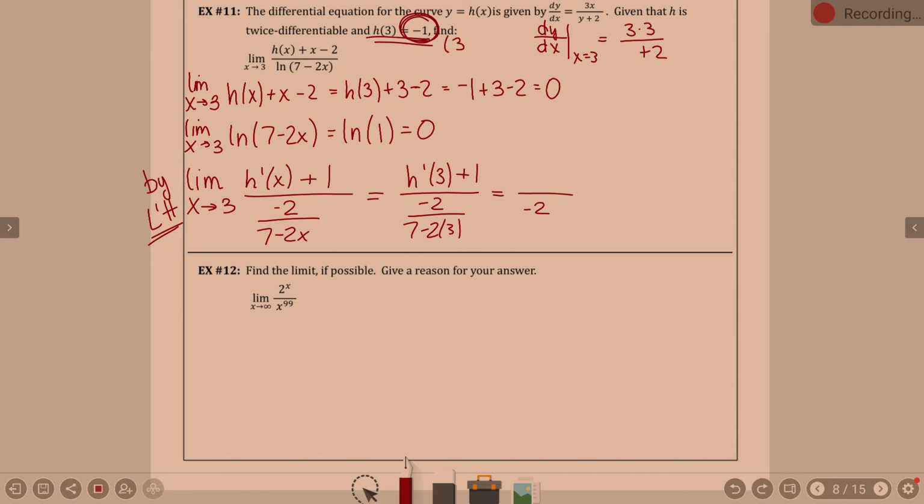So when x equals 3, y is negative 1, right? So we have 9 over 1, or in other words, 9. So the derivative at 3 is 9 plus 1, 10, divided by negative 2 is negative 5.